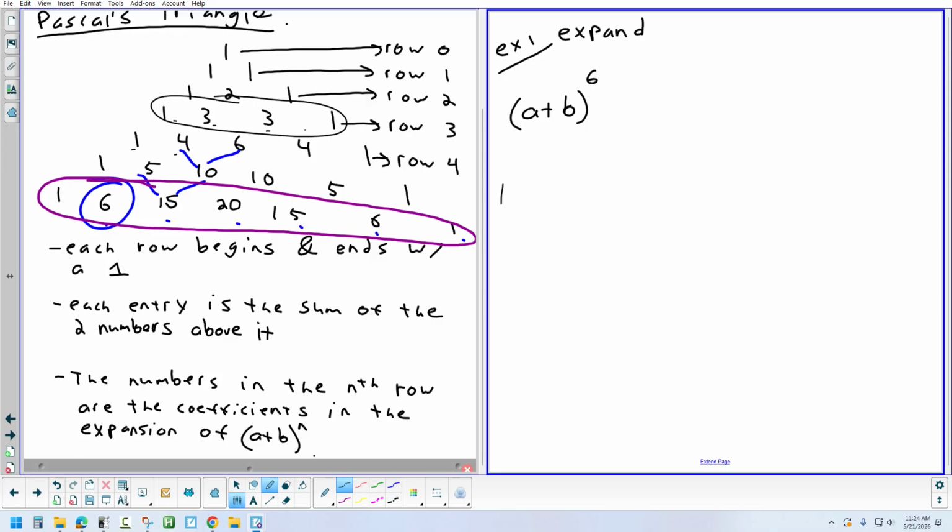So what would be the power on a in the first term? Yeah, 6. So you're going to start with a to the 6th. What would be the power on the b in this term?